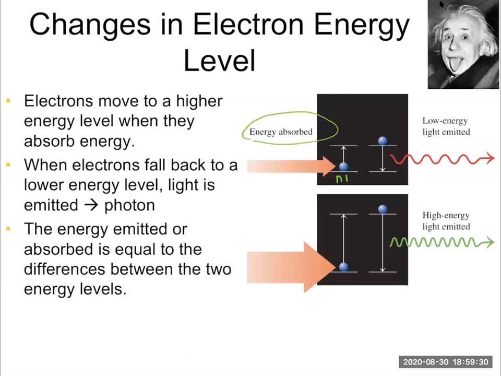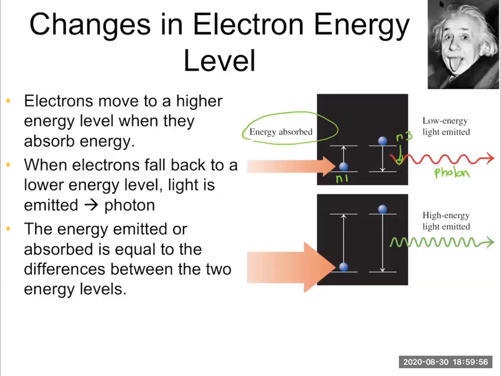When the electron is at N3 and is trying to go to a lower level, energy is going to be emitted, and it gets emitted in the form of a photon, which is light. So when electrons go from a lower level to a higher level, energy is absorbed.